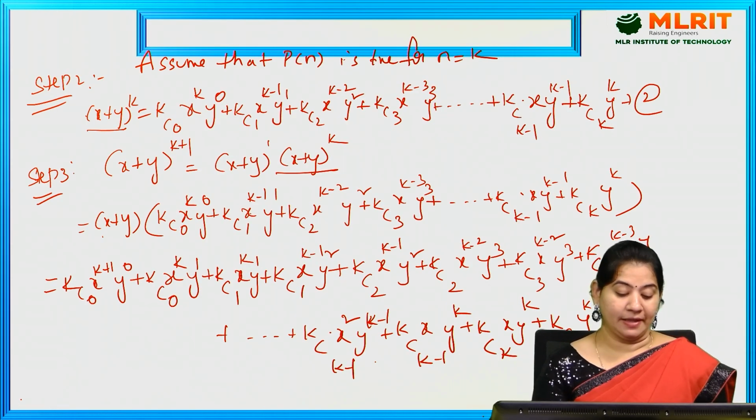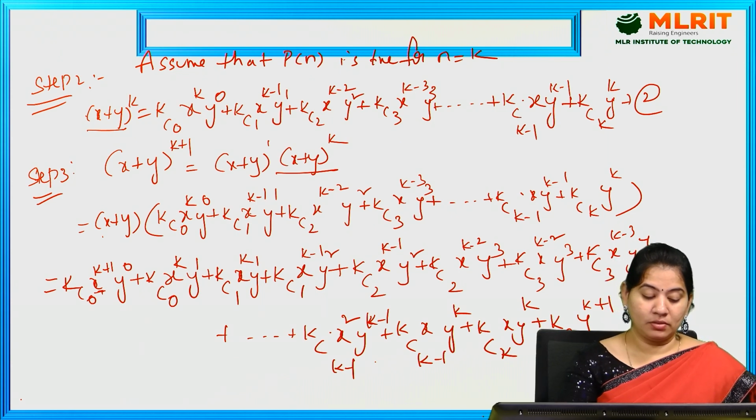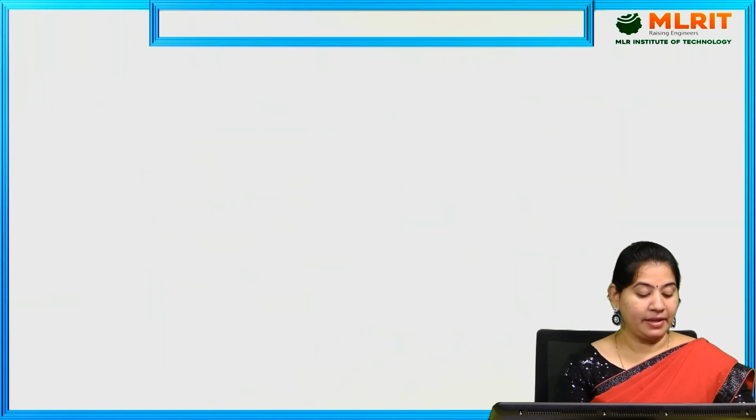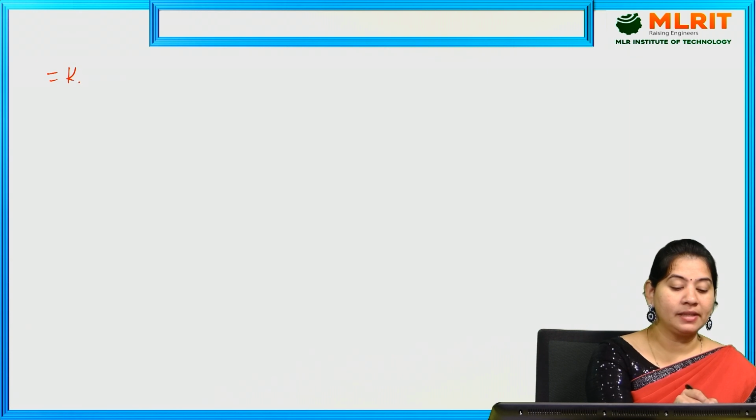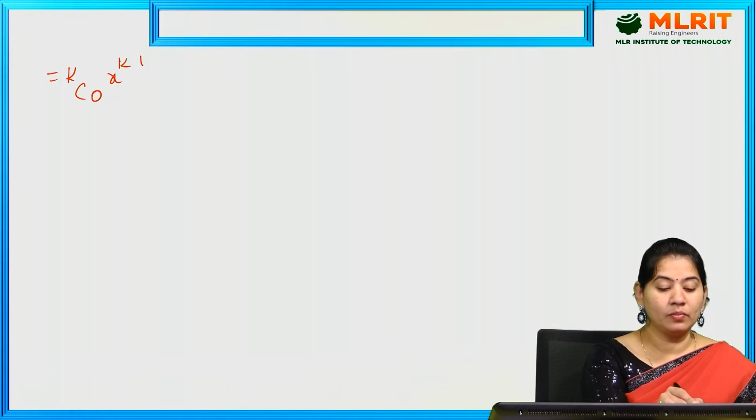Again, if you observe here, x power k plus 1, so kC0 you can take common here. Or otherwise you can take x power k y power 1 common. Let us suppose I write as it is kC0 x power k plus 1, the first one.